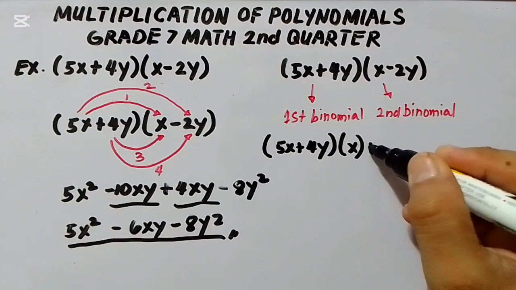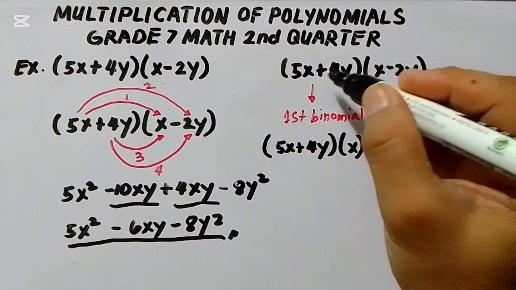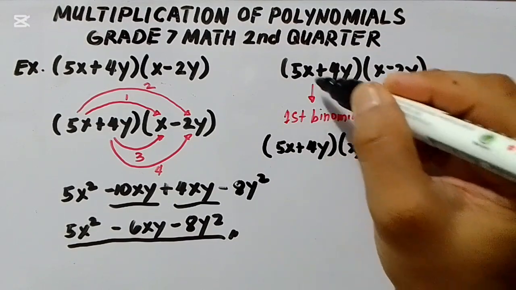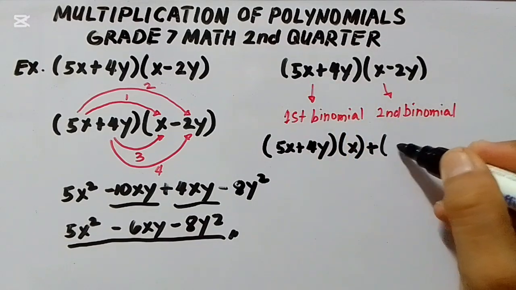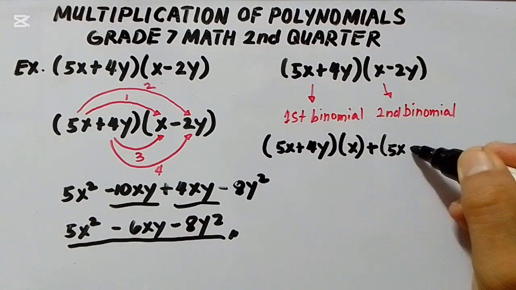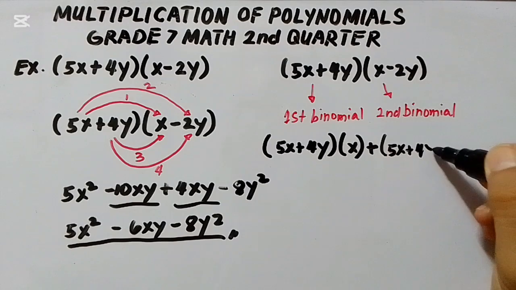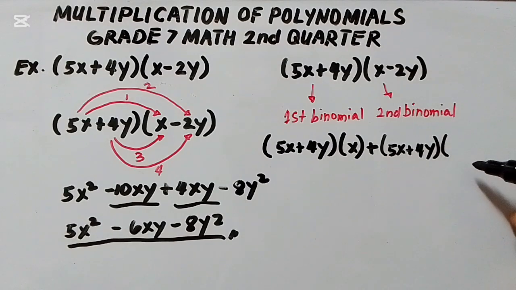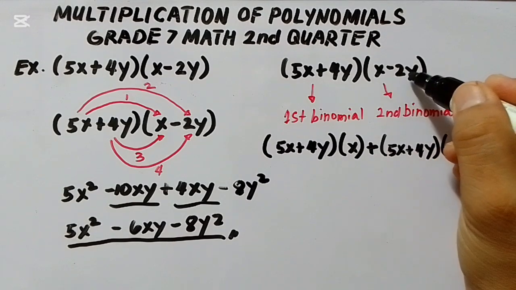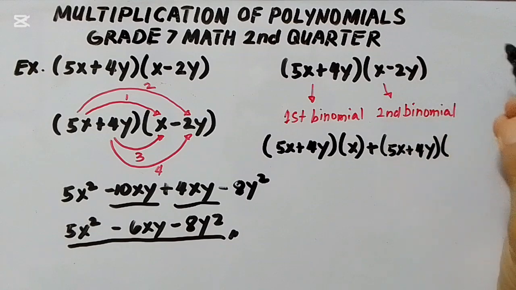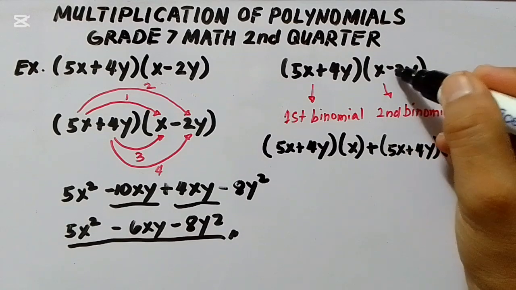Then, add plus sign. Then, i-copy po natin ulit yung first binomial. So, we have quantity 5x plus 4y times the second term of the second binomial. So, ito po ang ating second term, negative 2y.